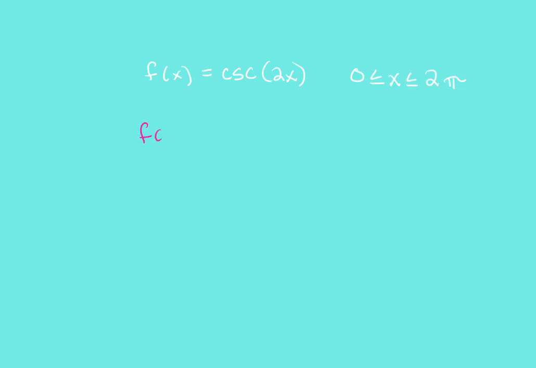Cosecant, so that is the same as f of x equals 1 over sine of 2x. So I know that sine of 2x cannot equal 0. So we need to think about the unit circle and think about what values, sine of what values give us 0.